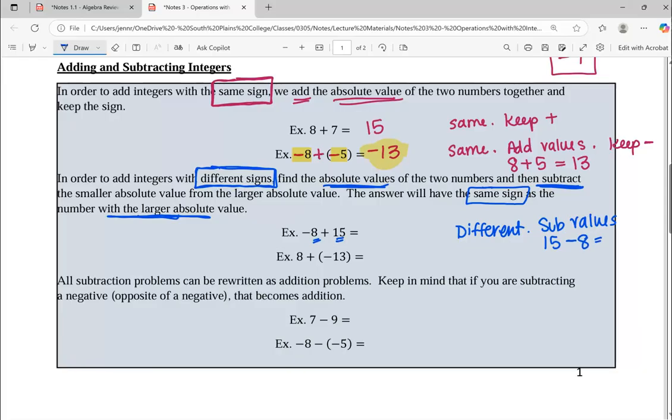Well, 15 minus 8 is 7. And then I need to keep the bigger sign. So when I look back at my numbers, 15 and 8, which one's bigger? Well, the 15 is. The 15 has a positive, so I'm going to keep the positive. So positive 7.